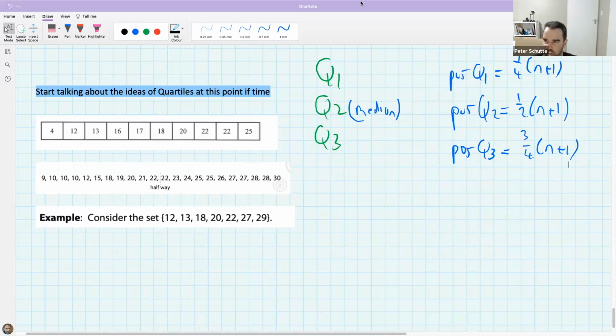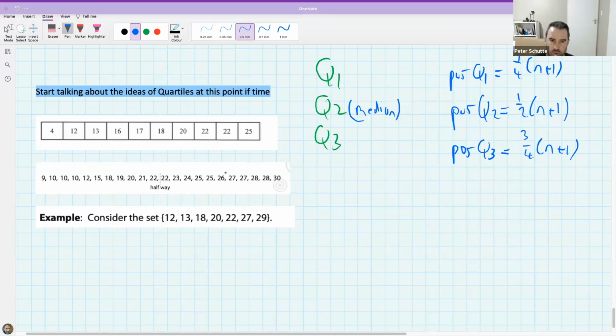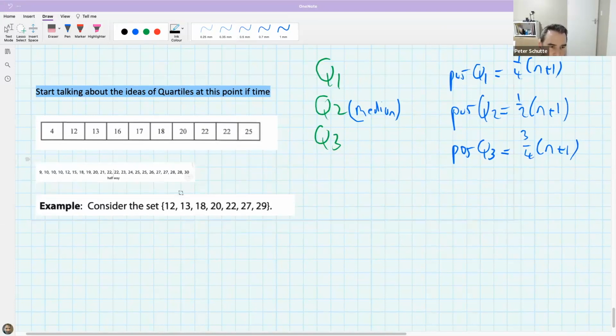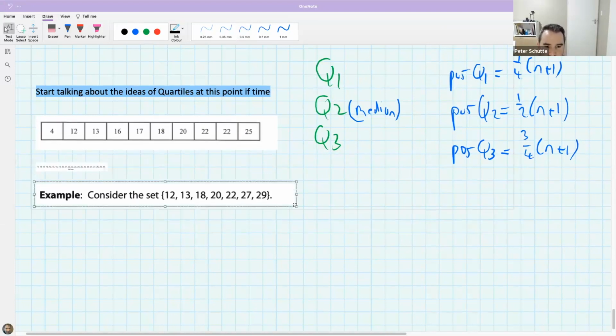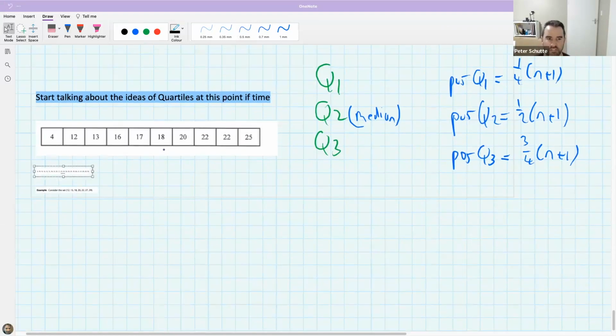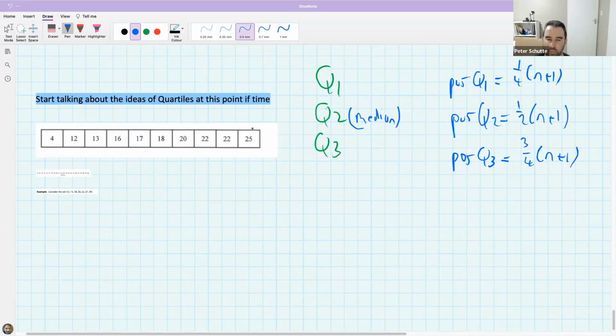So to finish today, what I want us to do is try and find the median. Let us use just a simple data set. So we exclude that one. I want you to try and find me the median of this data set.